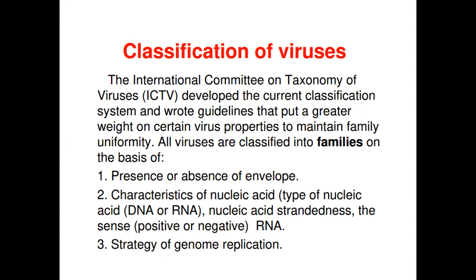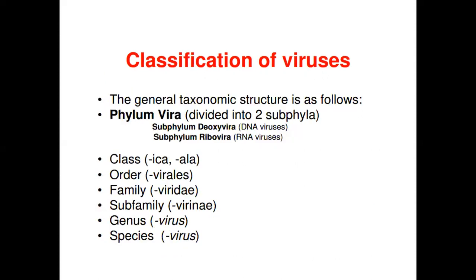All viruses are classified into families on the basis of presence or absence of envelope, characteristic of their nucleic acid, DNA or RNA. These are the main and key features: type of nucleic acid, and strategy of genome replication.